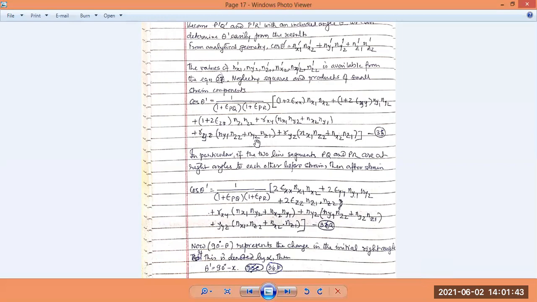If the two line segments PQ and PR are at right angles to each other, what will happen? Then, before strain and after the strain, this equation will become simpler. The term with the products of the direction cosines will vanish, because when they are at right angles to each other, the cosine terms are not available.